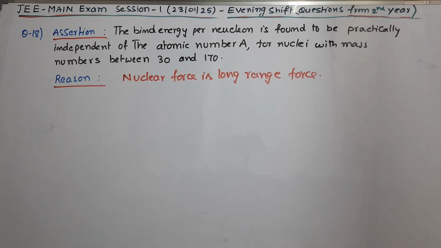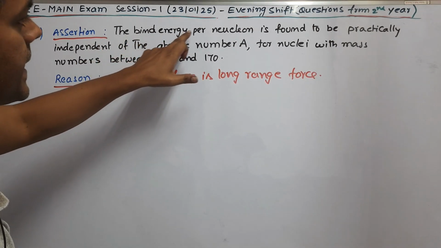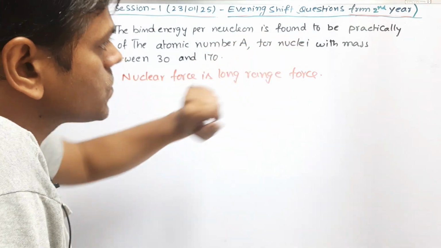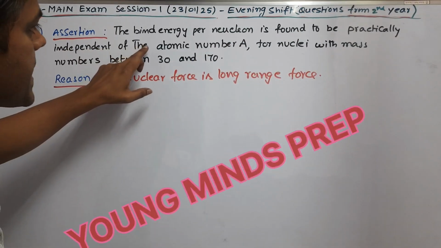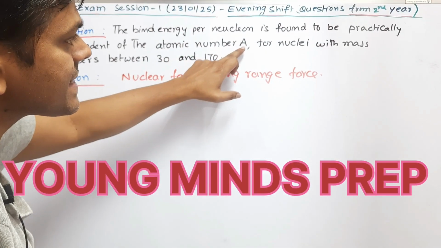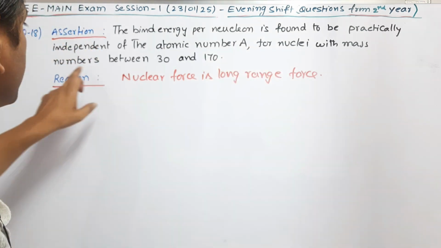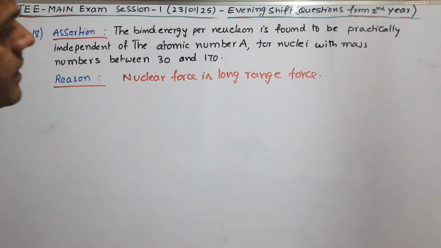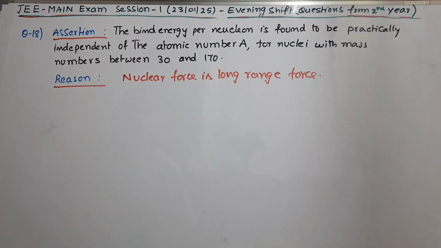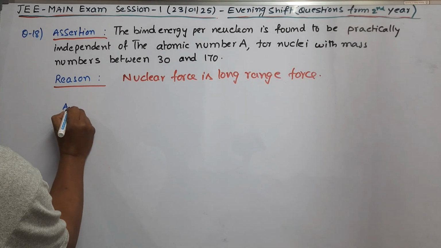The 18th question is assertion and reason type. The assertion given is: the binding energy per nucleon is found to be practically independent of the atomic mass number A for nuclei with mass numbers between 30 and 170.